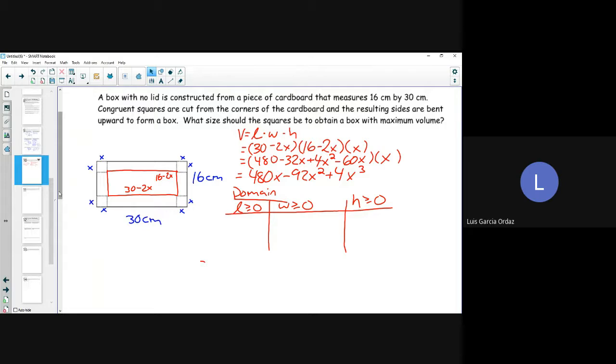Okay, Priyanshu, you got x is greater than or equal to 15 and less than or equal to 8. Does everybody agree with that? Are you guys sure? If I sub in 15 for x in 16 minus 2x, what happens?